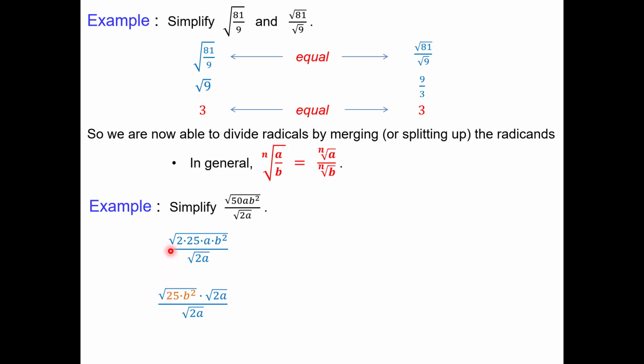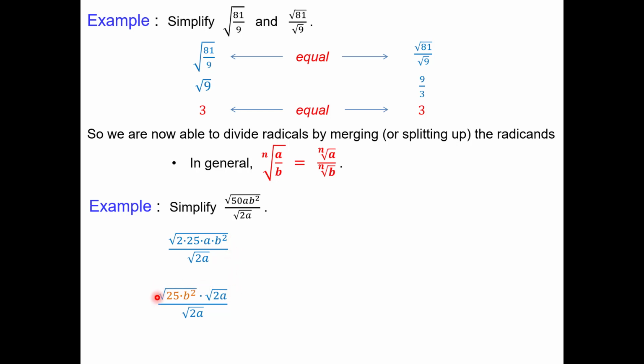We can separate into separate square roots if we have multiplication of our factors. So notice we take the 25 and the b squared, and we're going to put it in its own square root. And then everything else, the 2 and the a, are going to go in a separate square root. And we can write those as being multiplied. And it's the same as what we have up here, just it looks different.